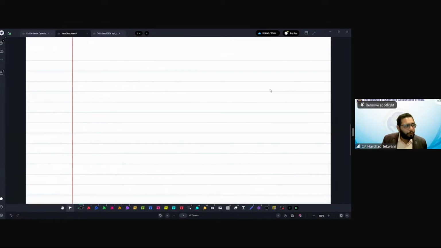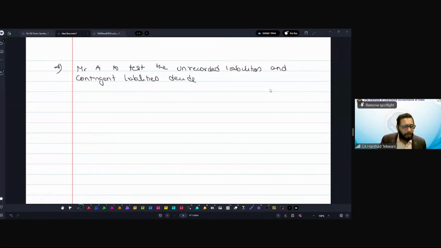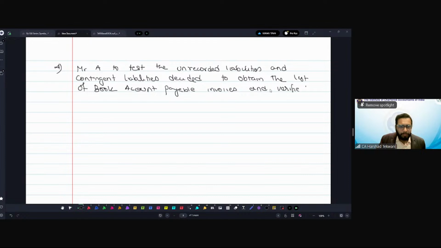So, Mr. A, to test the unrecorded liabilities and contingent liabilities, decided to obtain the list of booked account payable invoices and verified the said invoices with the hard copy of the invoice.